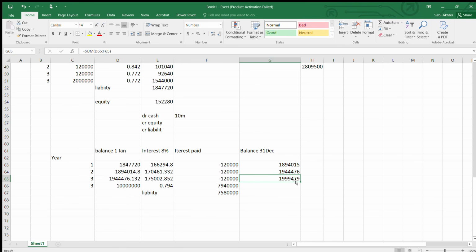If you see all this rounding figure, that's where it's different. Okay. We just drop down this. Okay.